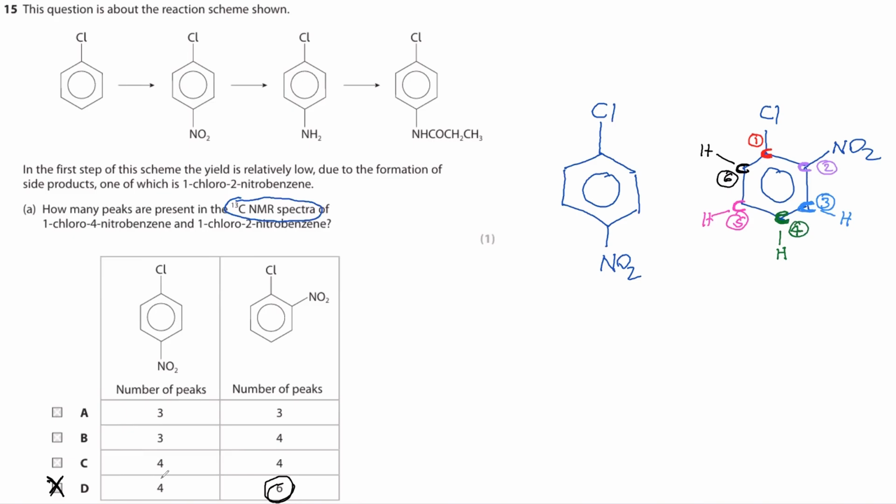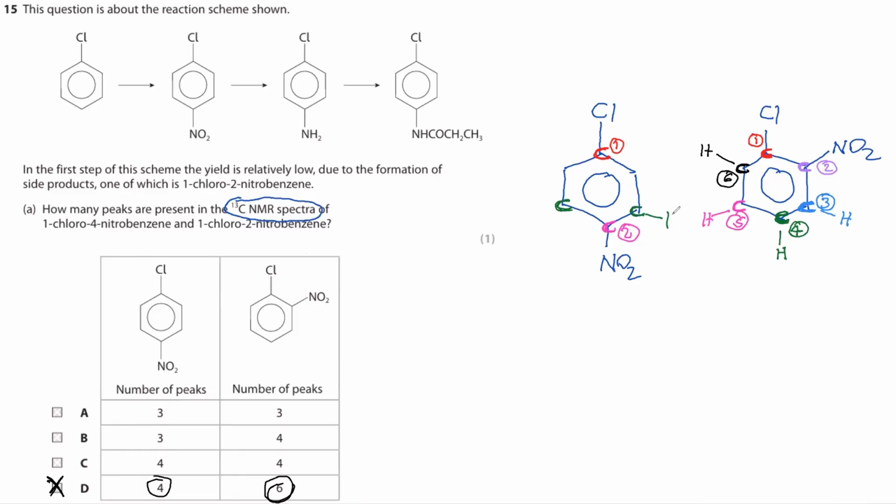Now you might be thinking, then why is this 4? There's a reason. Okay, let's take that one. Carbon attached to chlorine is the first environment. Carbon directly attached to the NO2 group, that's the second environment. But if I take these two carbon atoms, this carbon atom and this carbon atom, why is that?